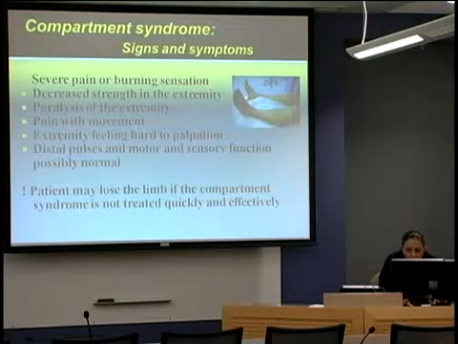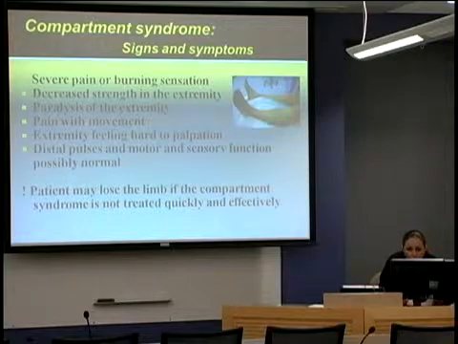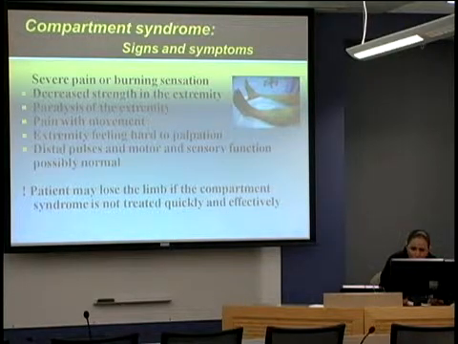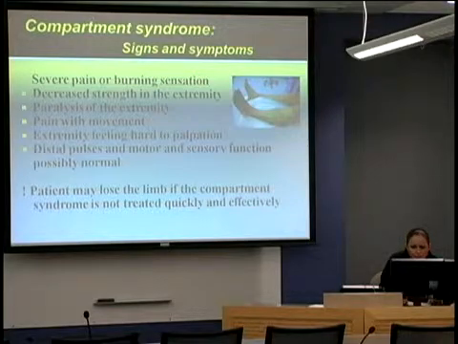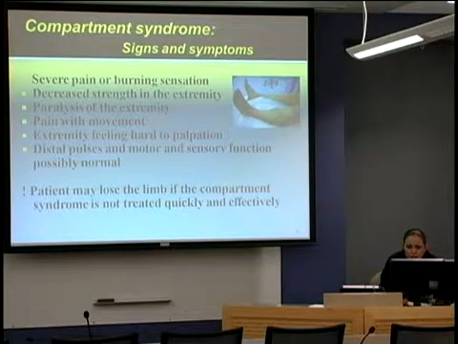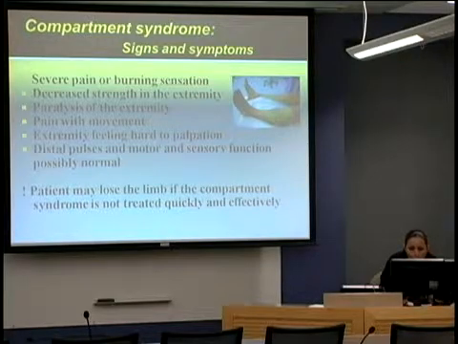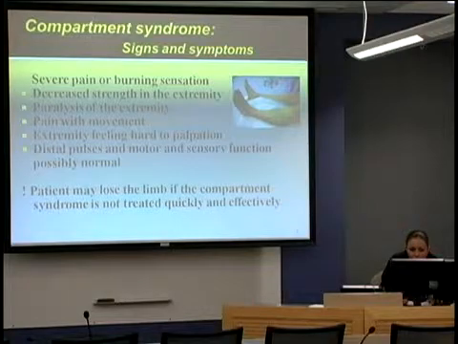As signs and symptoms of compartment syndrome, you will see severe pain or burning sensation. Patient will complain of decreased strength in the extremity. Also, you might see paralysis of the extremity, pain with movement, extremity feeling hard to palpation, distal pulses, and motor and sensory function possibly normal.